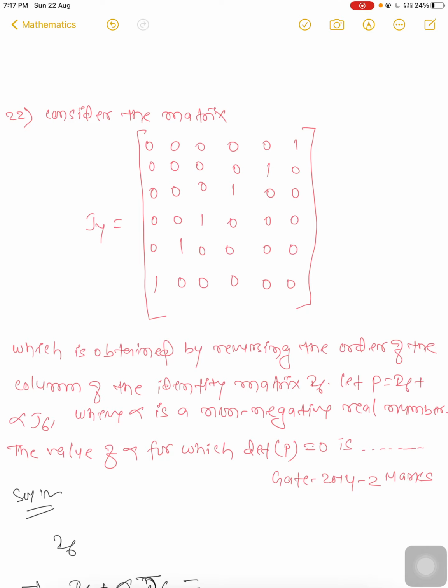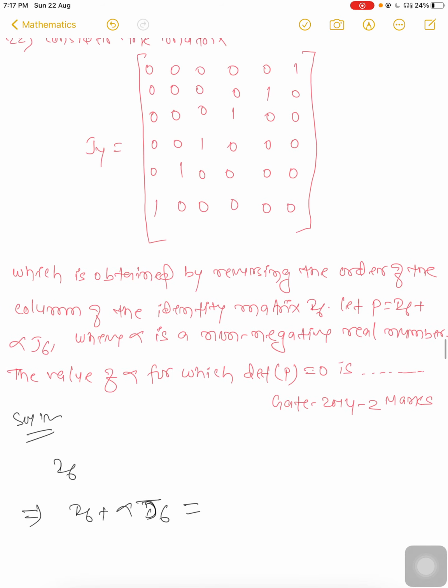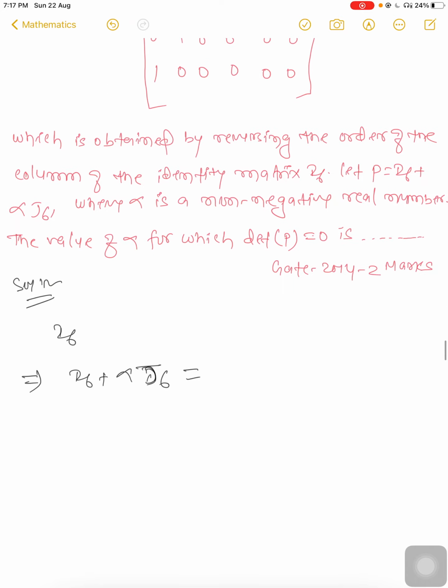We have to solve it. So we multiply in the opposite direction, it will be alpha.